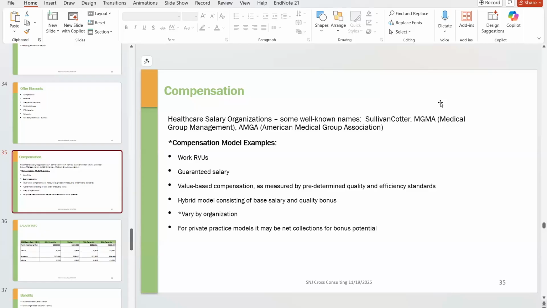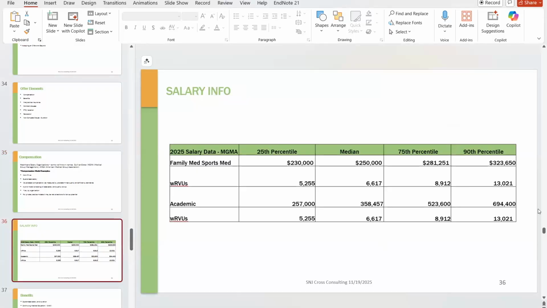So can you go to the 36th page, please, Brandon? I've got some salary data, which I was really surprised by, because I have listed the 25th, the median, the 75th, and 90th, according to MGMA.